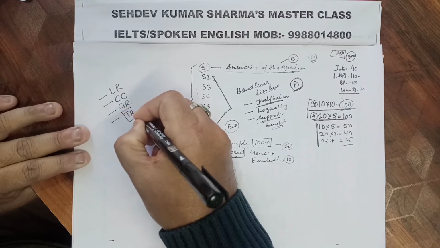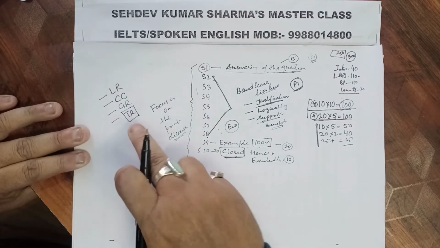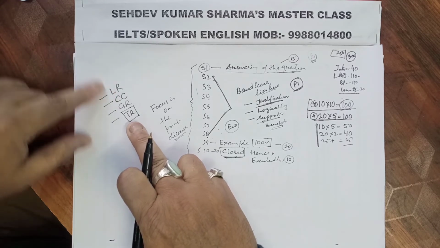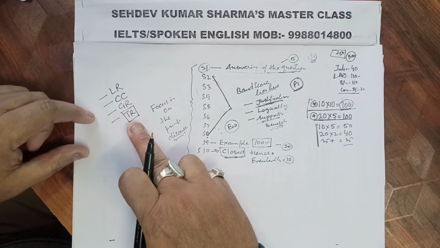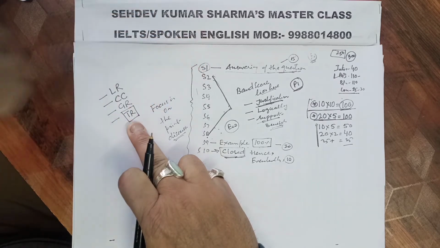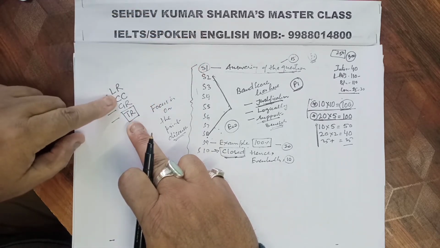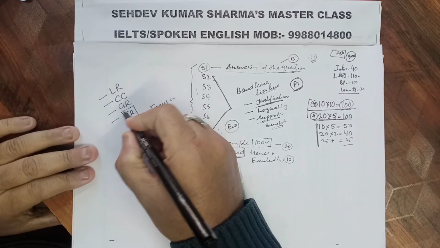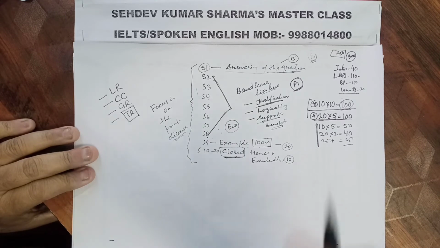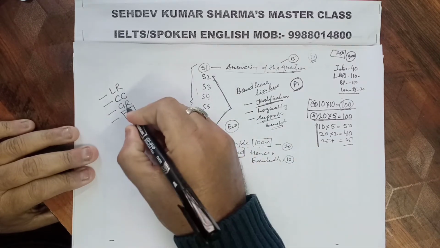I am focusing more on this in my class. The rest of the 3 skills can easily be picked up. For LR, you can make a list of 40 to 50 words. CC is very easy, we know connectors. Grammar you can update or watch my videos. Task response is the core area.